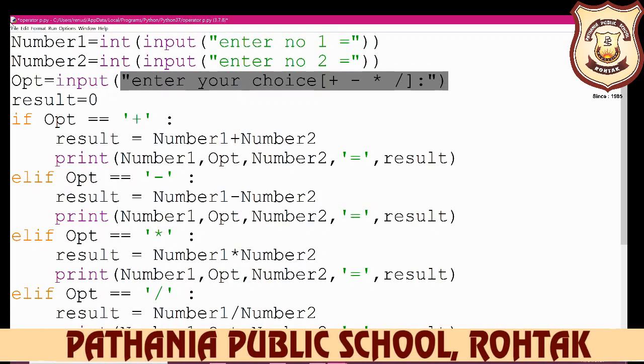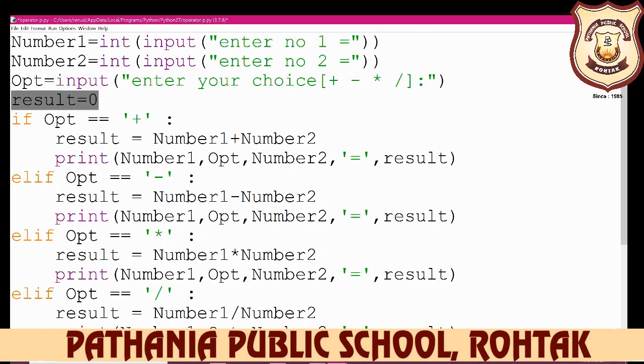You write anything here for the identification of the user. After that we take one variable here, result is equal to 0. Understand this point better: this equal to and this equal to are different. This is your assignment operator, we assign 0 to the result. So the starting value of result starts from 0, but here we write the double equal sign.